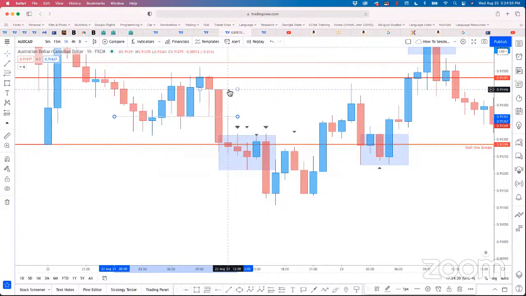And as long as it does not close above here, you should be able to take this trade to the downside. You can start looking for your entries as soon as you see price on this line and anywhere in between, because sometimes it'll trade back up and above, right?